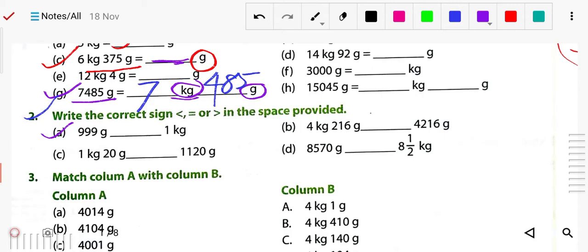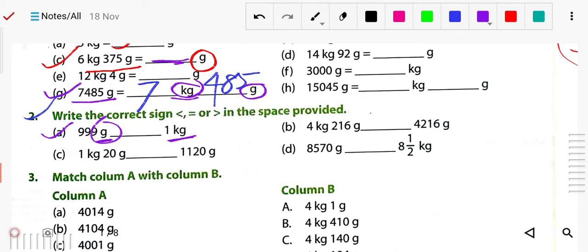So first of all, you have to make the same unit. Okay, so here it is given in the gram, and here it is given in the kg. But what you have to do, you have to convert in the same unit. And already I have told in the last videos, that always try to convert the unit when you are making the same unit.